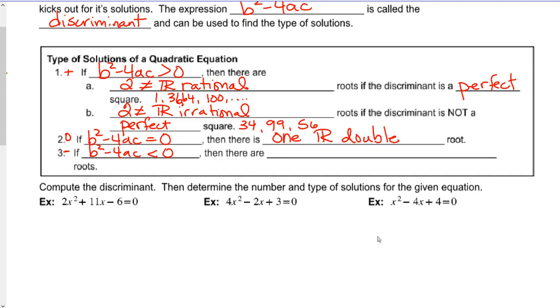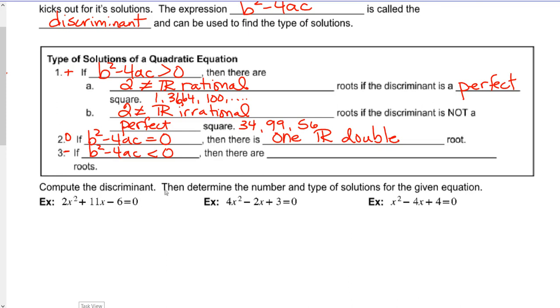It is going to be like one of those quantities squared that occurs twice when we factor. And just as an extra side note, if you get a perfect square or a 0, those equations are ones that can be factored.